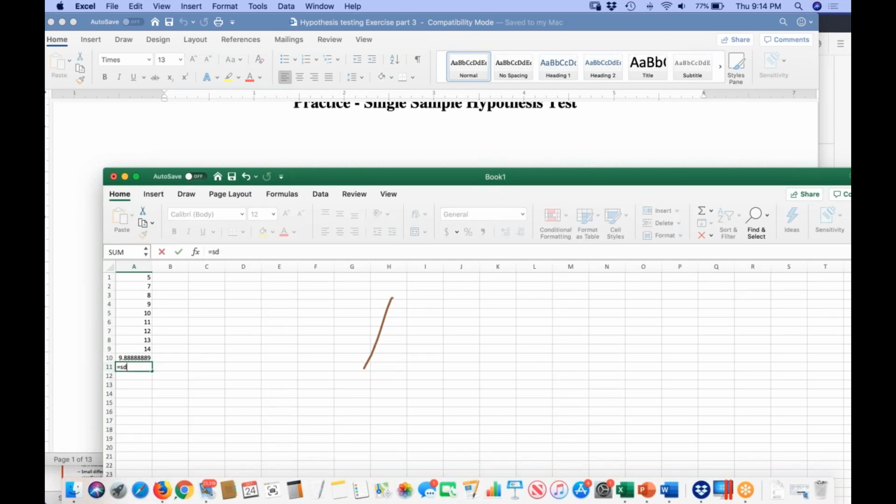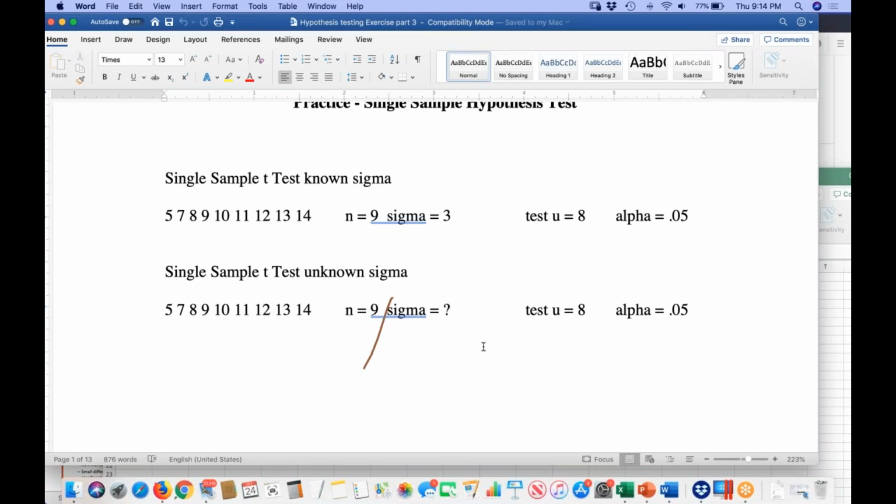It's equal to standard deviation, parentheses. I know you guys can't see this, I'm just trying to get through it quickly. And the standard deviation is equal to 2.93, almost the same thing. Okay, so I'm going to say that it's 2.93, and effectively it's almost the same thing anyway.